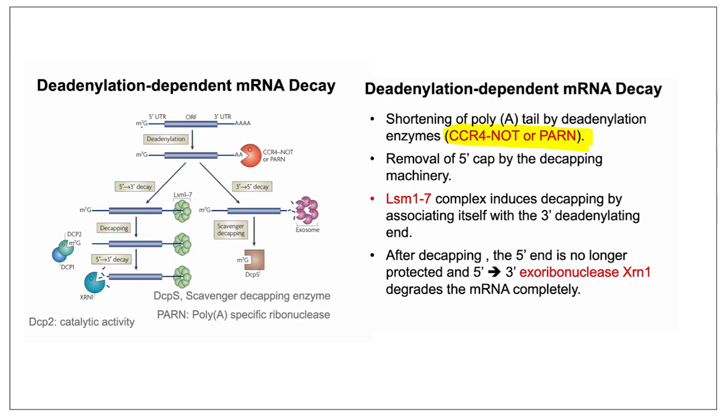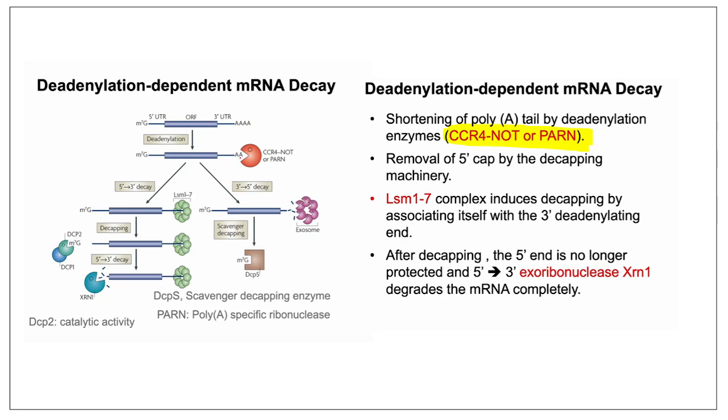In the 5' UTR you have the capping, the 7-methyl guanosine cap. And in the 3' UTR, you have the poly A tail. So the first step is the shortening of the poly A tail by the deadenylation enzymes. What are those enzymes? They are known as CCR4-NOT or PARN. See, it comes and it has shortened the poly A tail. Earlier it was 4, now it is only 2.